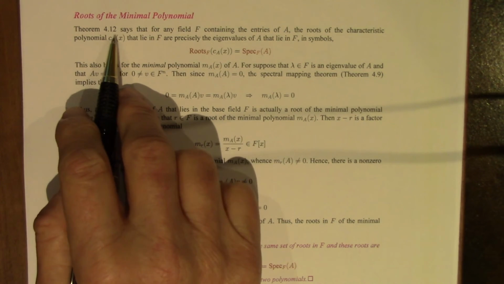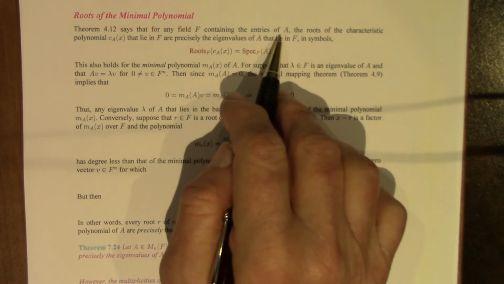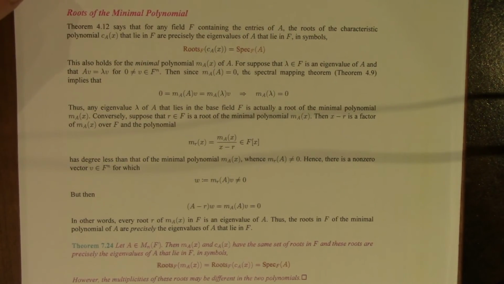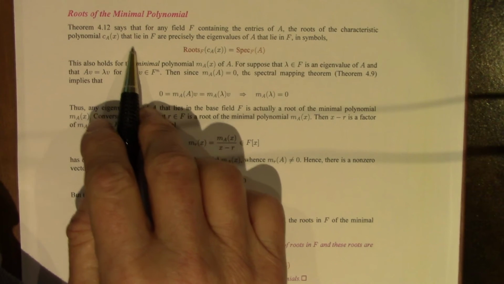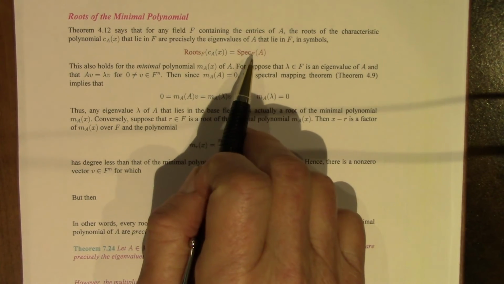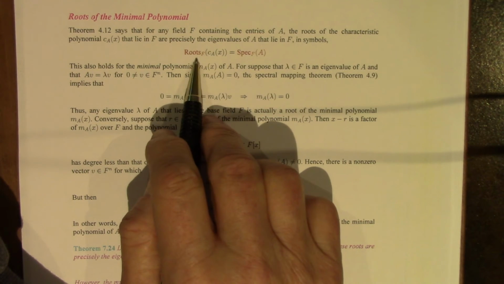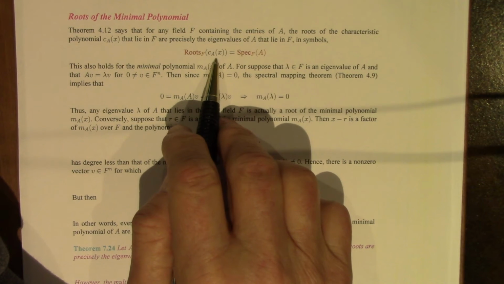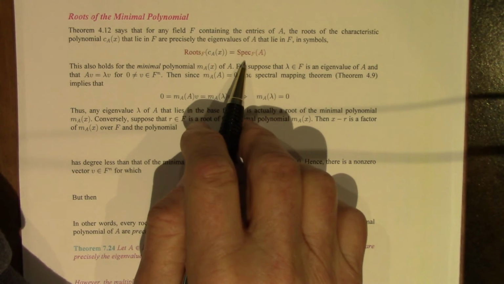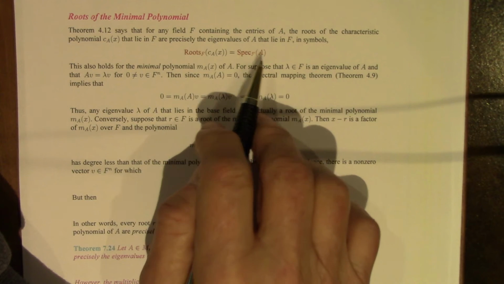A theorem back in chapter 4 said that for any field F containing the entries of A, so we could think of F as a base field, the roots of the characteristic polynomial that lie in F are precisely the eigenvalues of A that lie in F. The F spectrum is the F root set of the characteristic polynomial. This also holds for the minimal polynomial. The F root set of the minimal polynomial is the F spectrum.